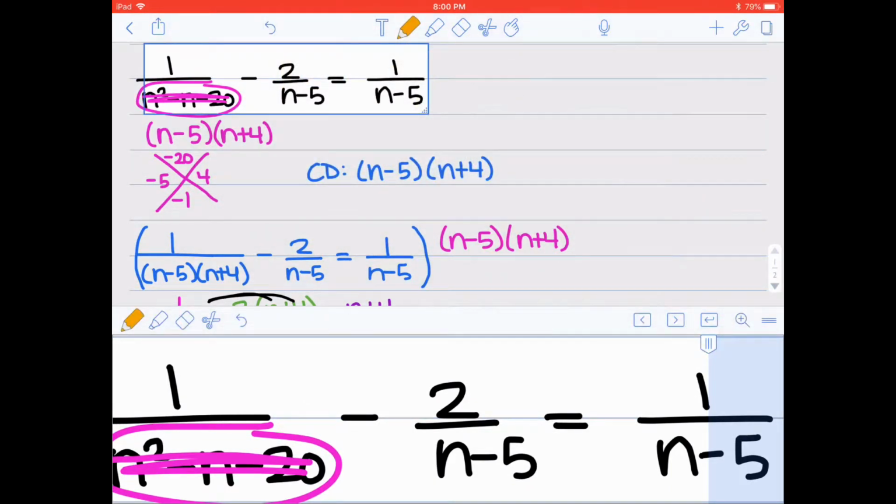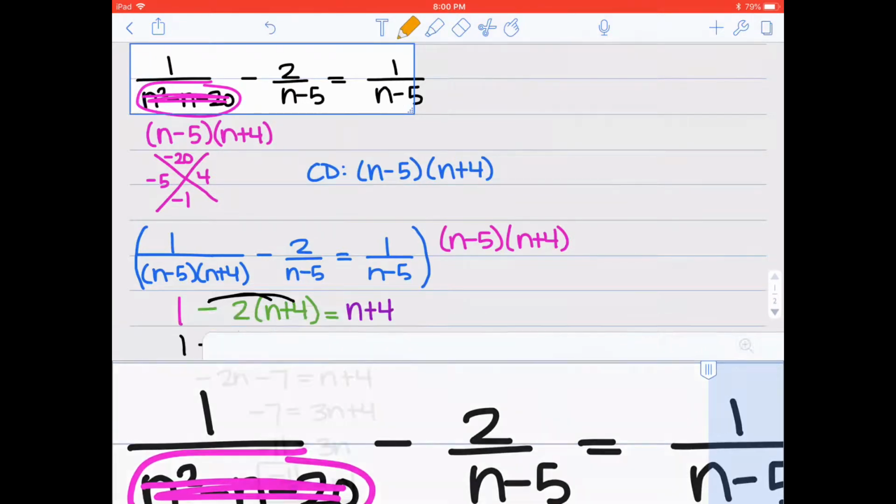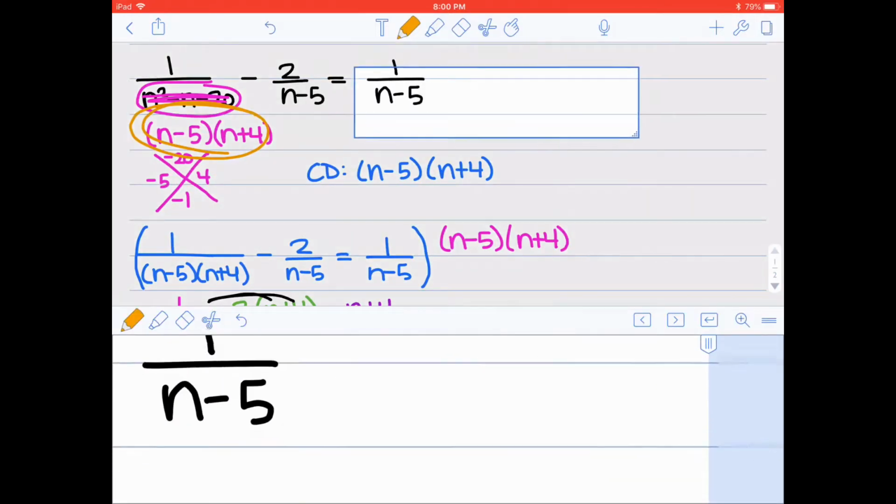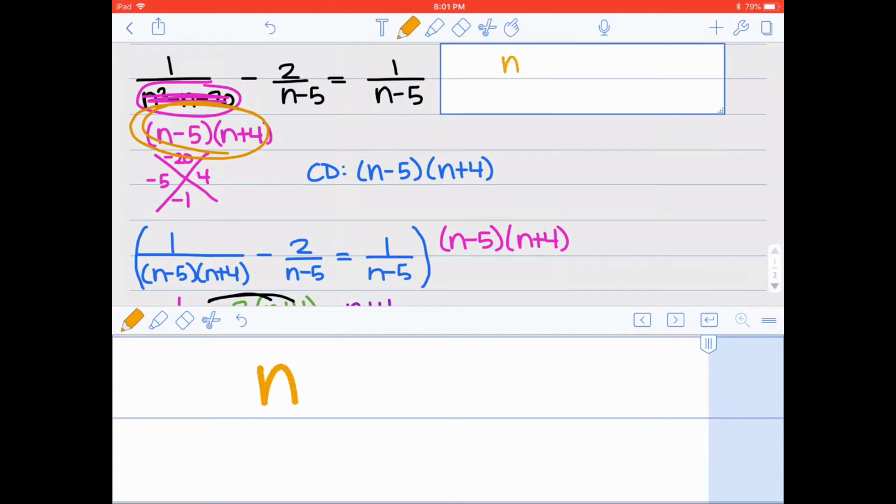If you look at the first denominator, n minus 5 and n plus 4, the values for n that we cannot have are +5 and -4. So I'm going to specify over here n cannot equal +5, n cannot equal -4, because they would have made that fraction undefined.